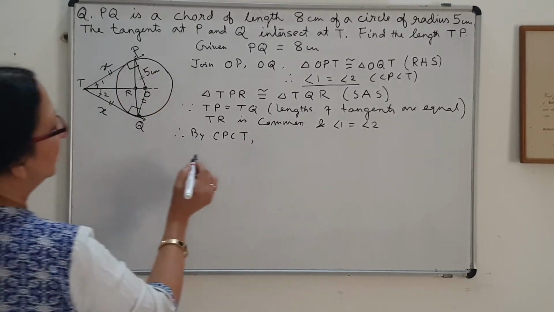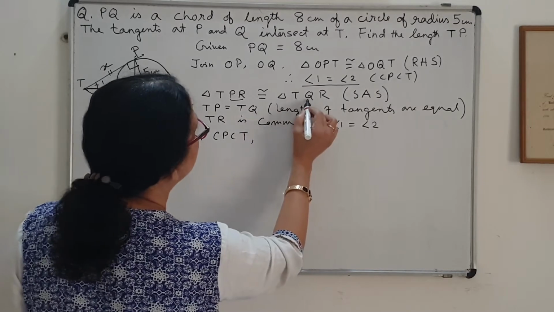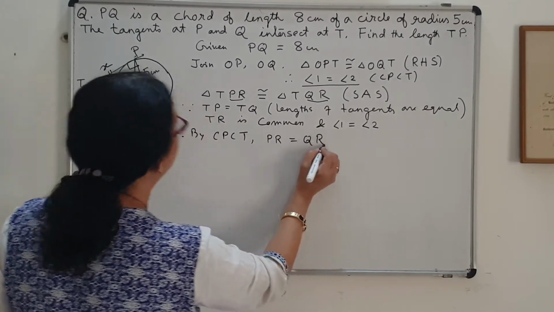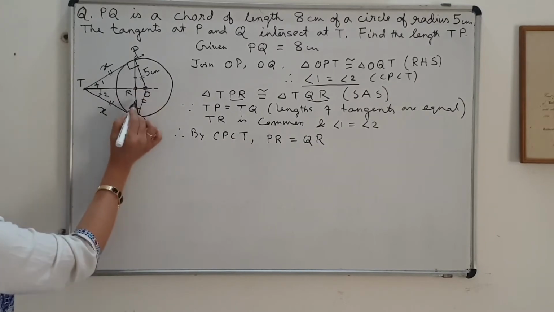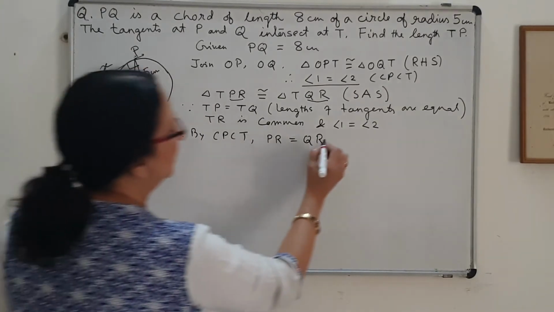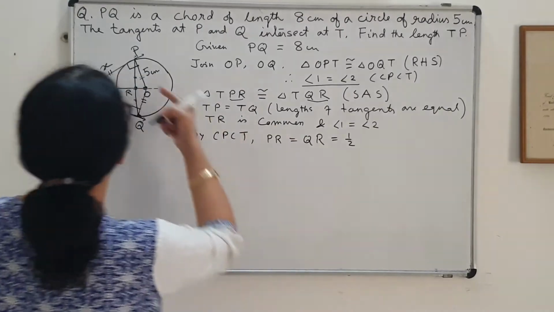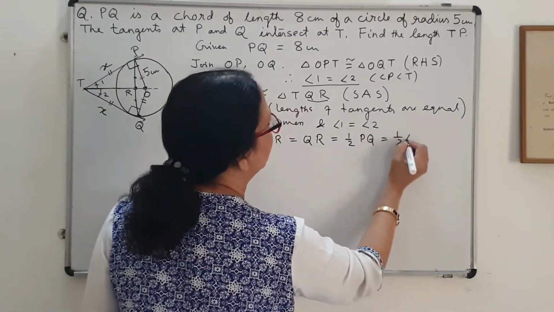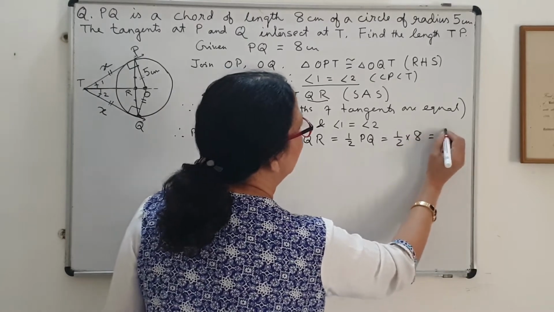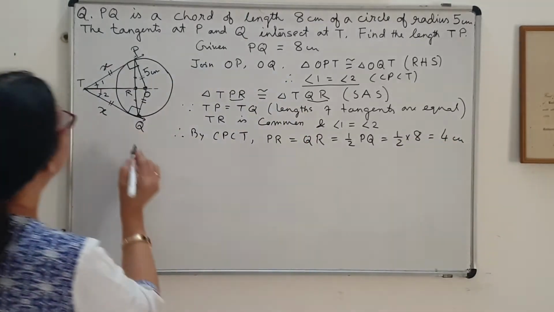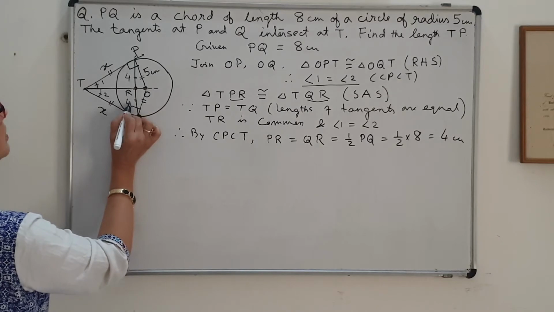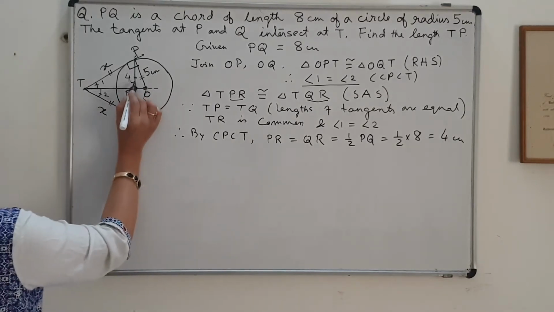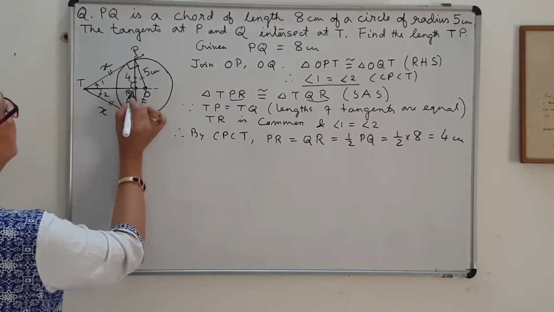PR will be equal to RQ, PR is equal to QR, okay, this will be equal to this by CPCT, and so they will be half of the whole PQ. So that means they will be half of PQ, which is given to be 8, so it is 4 centimeter. So I have got each is equal to 4 centimeter, right? And also this angle is equal to this angle.